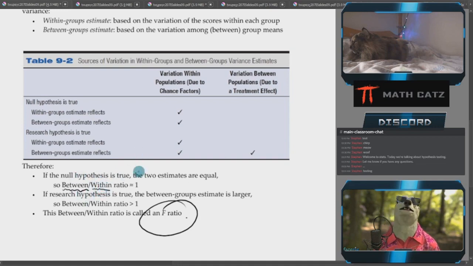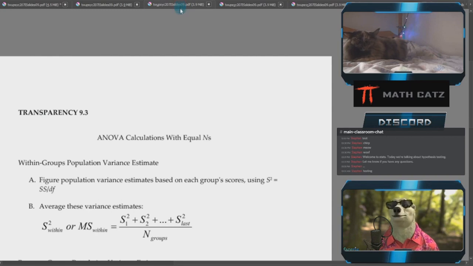How am I going to use the groups and the samples that I have to calculate within each group a good estimate for the underlying population variance? So we're going to calculate the population variance estimates based on each group. So that's our classic variance estimate. Degrees of freedom, one less than the sample size.